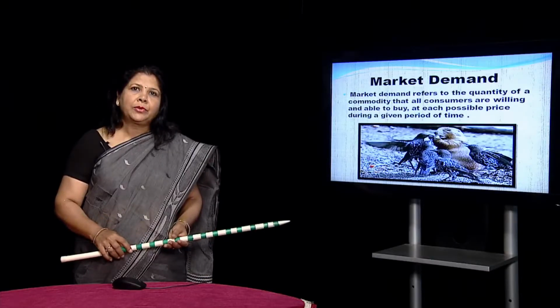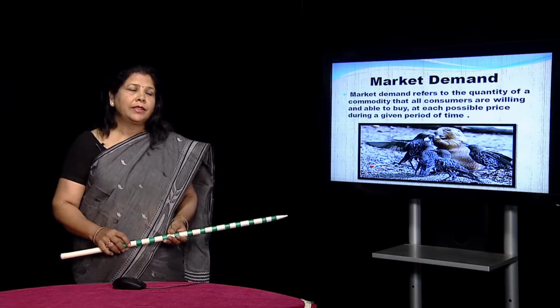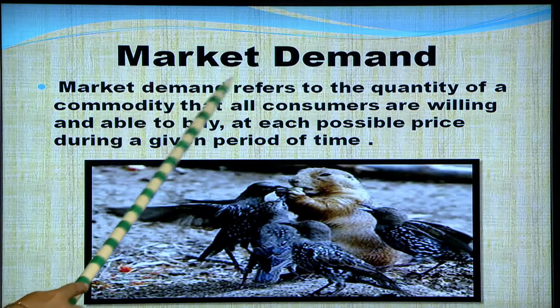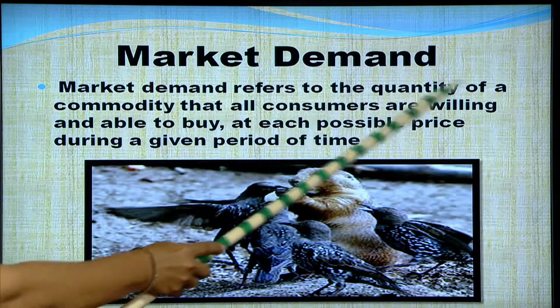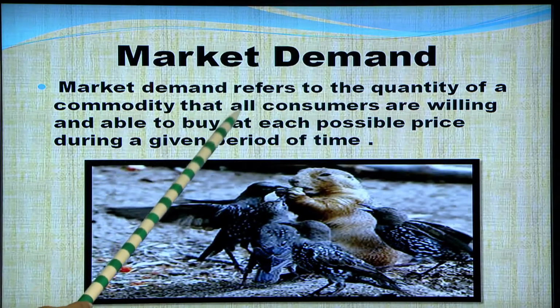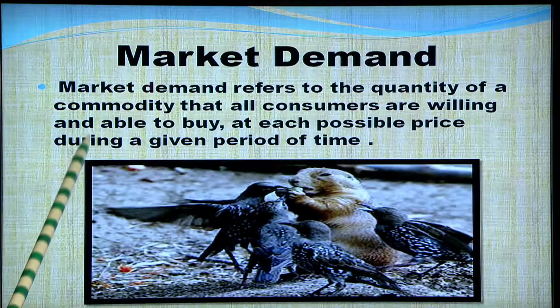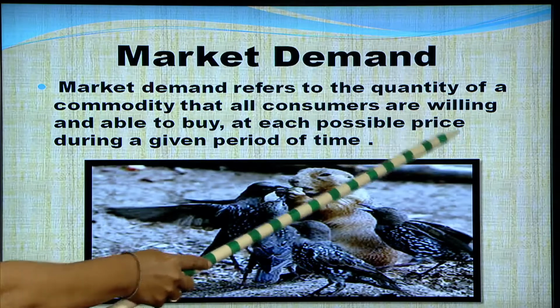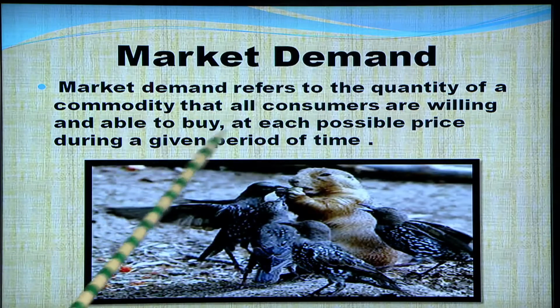We also need to understand the market demand for a commodity. Market demand refers to the quantity of a commodity that all consumers are willing and able to buy at each possible price during a given period of time.